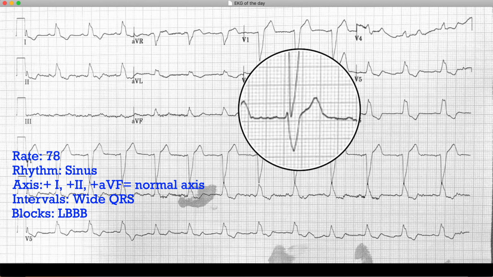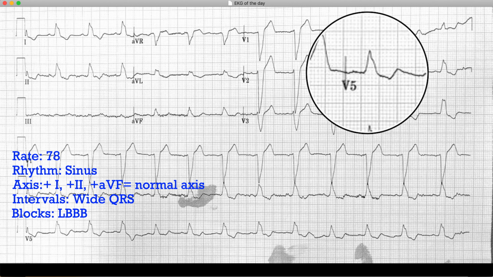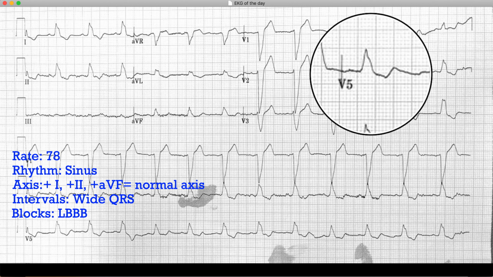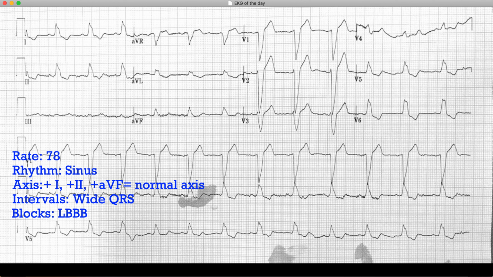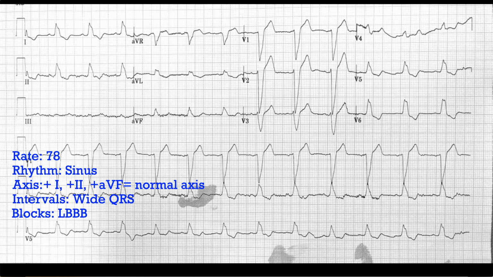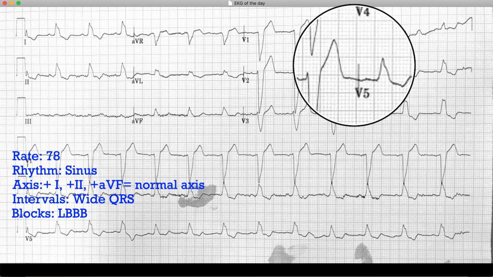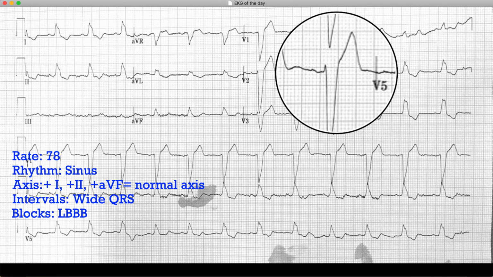So big negative deflection. Likewise, if it's big and positive, then you expect the ST segment to go the opposite direction down. So that's called discordance, and that's appropriate discordance. When you're looking at the bundle branch blocks or a paced rhythm or even LVH, if you have big negative complexes, does the ST segment appropriately change in the other direction?